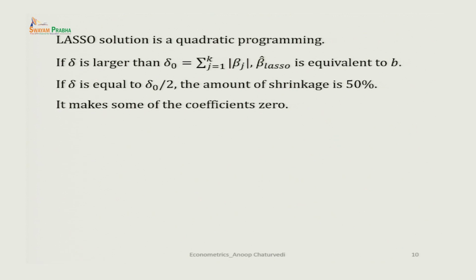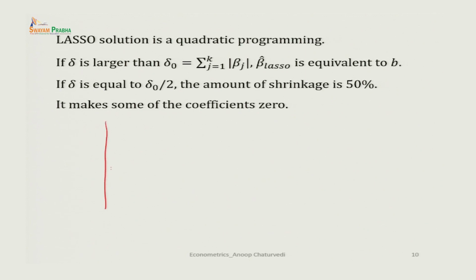Now, what is the difference between ridge regression and lasso apart from this penalty factor? In ridge regression we are taking the L2 penalty and in lasso we are taking the L1 penalty. Then what is the other difference? Actually, if you plot the ridge regression estimators against C, like the ridge trace plot, then the estimator never becomes 0.